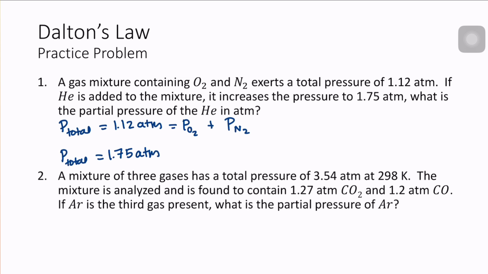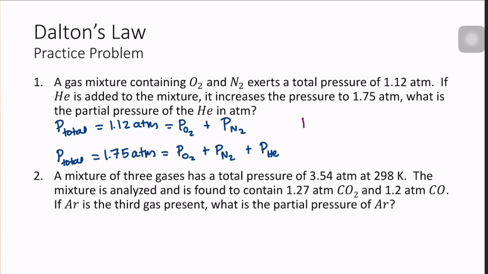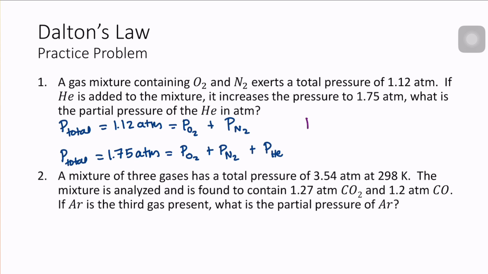And I can use this information to calculate the partial pressure of helium in the gas mixture. So if I know my P total is equal to the pressure of oxygen plus the pressure of nitrogen plus the pressure of helium, I can plug in 1.12 for the pressure of oxygen and nitrogen together, and I can rearrange this to solve for the pressure of helium.